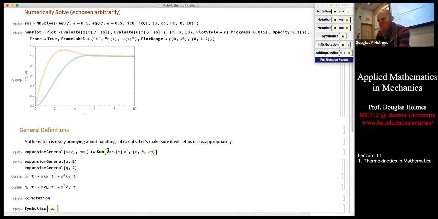So it's kind of saying, send me a variable, and it'll be a function of time. The reason I did that is because all the dependent variables in our problem are functions of time. So you can just say, send it u, now u sub n is a function of time. Send it q, now q sub n is a function of time.